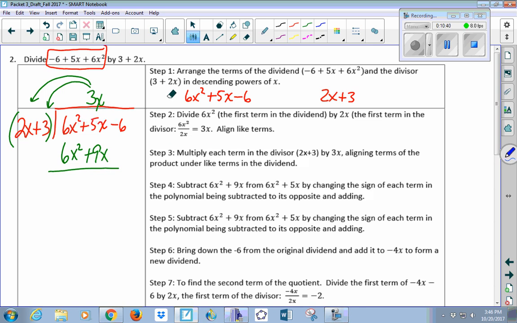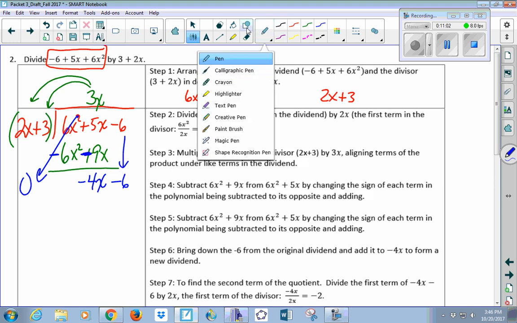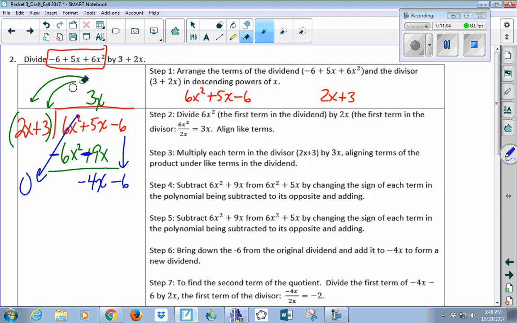So I have to literally go in and subtract both of these terms. So I go in and I change both operations to their opposite. And I get a 0 here. And here I get a negative 4x. And I bring down my next term, which is negative 6. Let me erase this here.